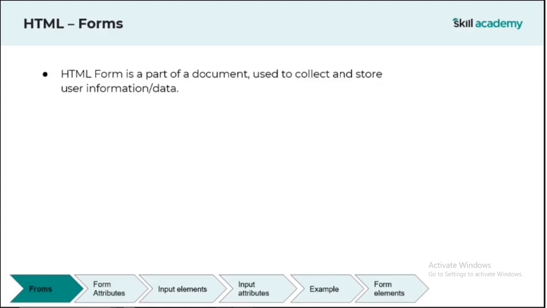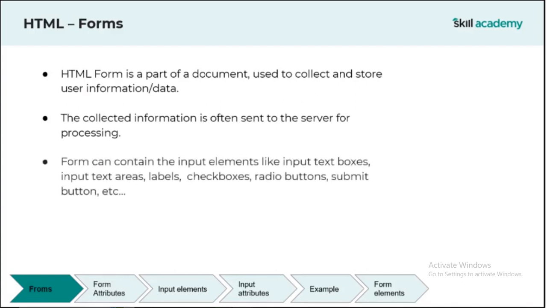HTML forms are used to collect and store user information. The collected information is often sent to the server for processing. Forms can contain input elements like input text boxes, input text areas, labels, checkboxes, radio buttons, submit button, etc.